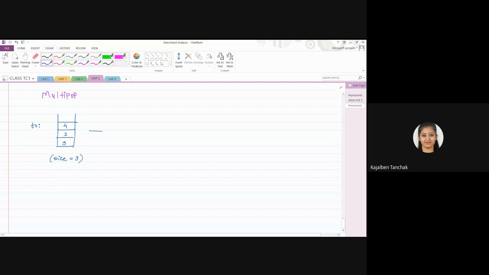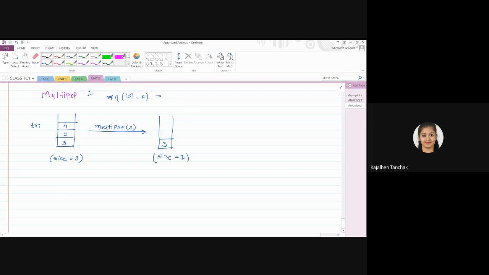Now I want to perform a multi-pop, so I will pop two elements at a time. After you pop the elements, you will have only one element in your stack, so the size will be 1. Multi-pop depends on the minimum of the size of the stack and the k value, right?